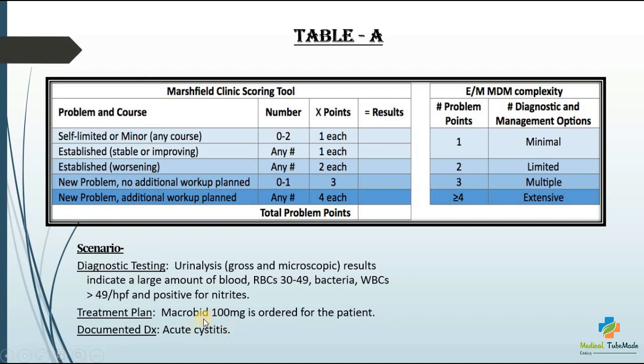See, cystitis is a new problem and additional workup means the lab is the additional workup. So you can see here in this table, new problem with additional workup, you can take 4 points. 4 points means your table A is extensive. That's it, only table A.